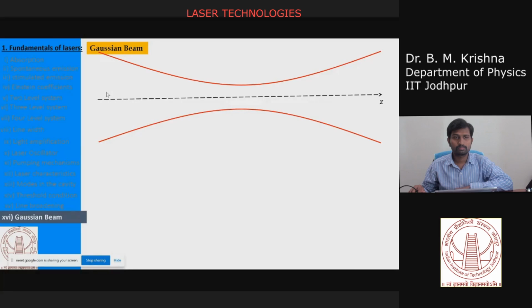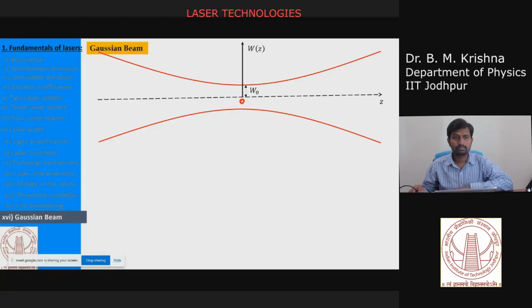So this is around the z direction. You are propagating the Gaussian beam along the z direction. So now this is your W of Z. Okay, this is your W of Z, and this W naught is from the center of the beam to one of the edge, and also remember that is at the position 0.